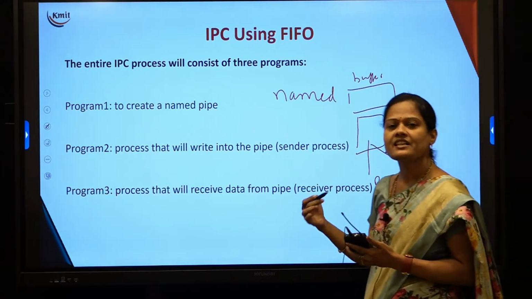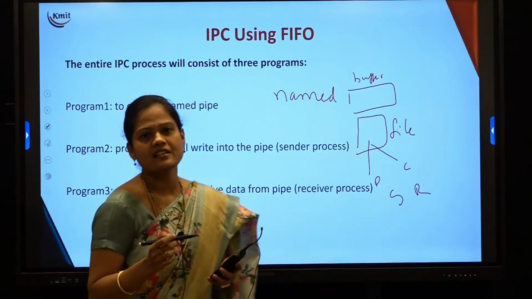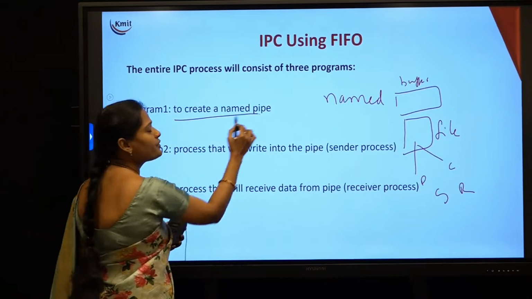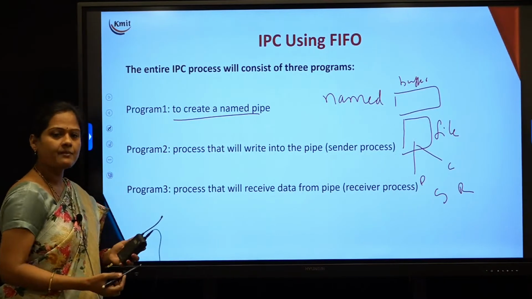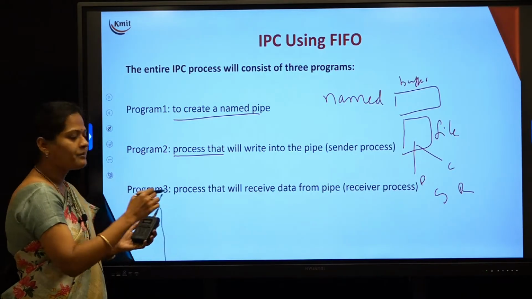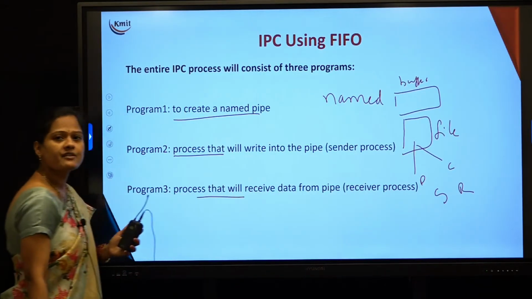Here we give a name to that file, and that is the reason we call it a named pipe. So first of all you need to create a named pipe and give a name to it. The sender process will dump the data and the receiver process will receive the data.